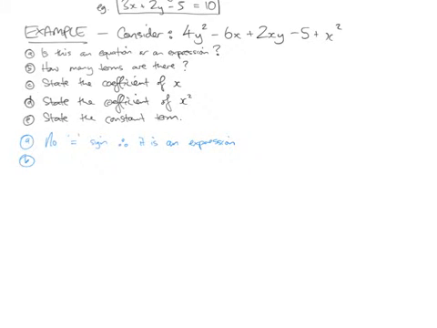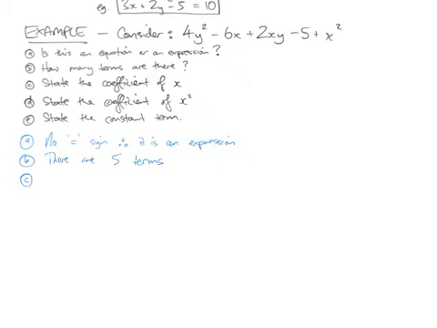Terms are any grouping of numerals and pronumerals separated by plus or minus signs. So how many plus or minus signs do we have here? 1, 2, 3, 4 plus or minus signs. Those 4 signs are separating 5 things. There's 5 terms here, because there's 5 things that have been separated by plus or minus signs.